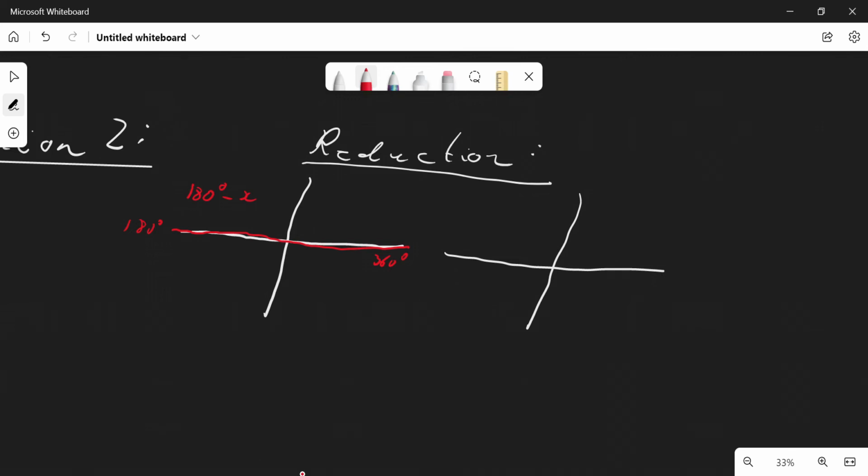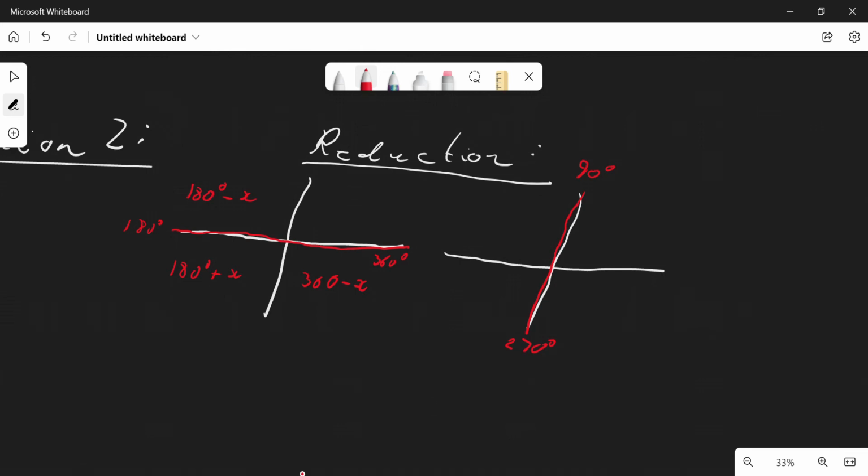And then here we'll have 180 plus x. Here we'll have 360 minus x, and then on this iteration we're going to use the 90-degree line and the 270-degree line. Most often you're going to see the 90 and not really the 270.